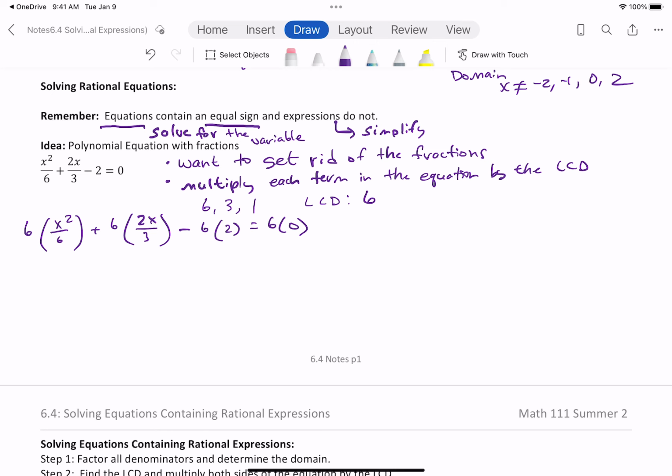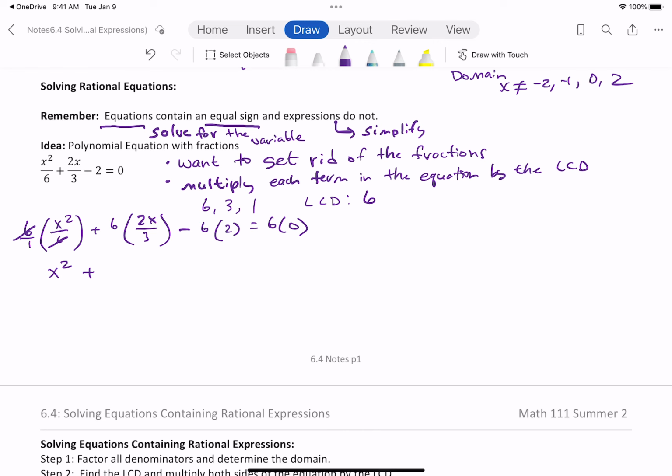The reason that doing this is nice is because, from what we learned earlier, I can cancel so that I'm just left with x squared and my fraction is gone. And the same thing should happen in each term.